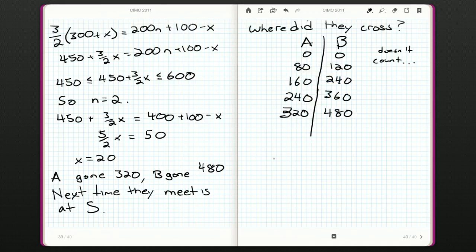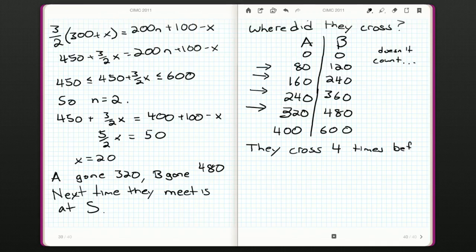Okay, and then they finally met up at 600. So these are the times they crossed beforehand. So we can answer part A.